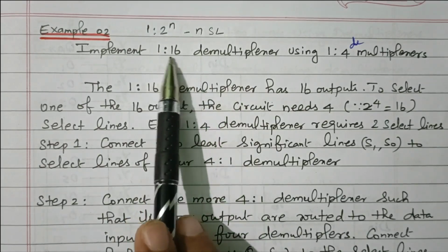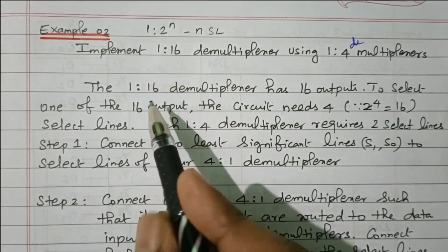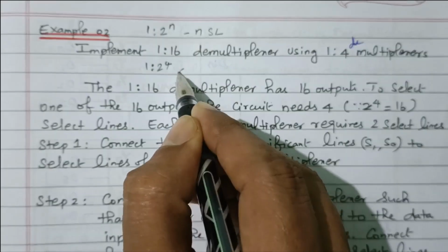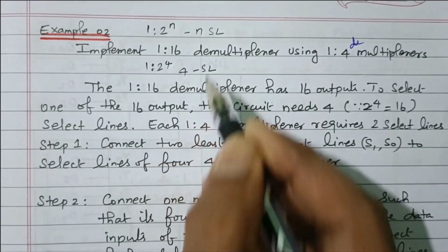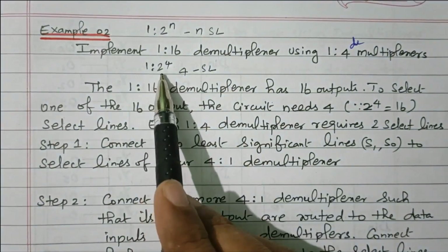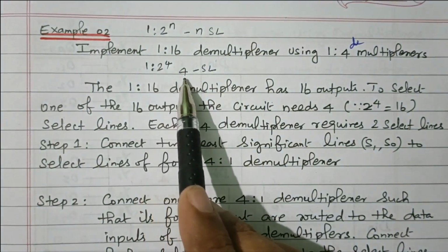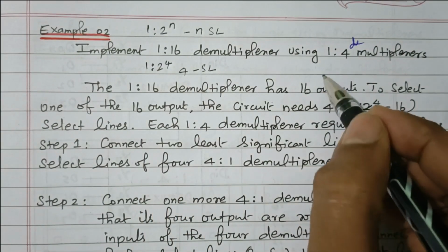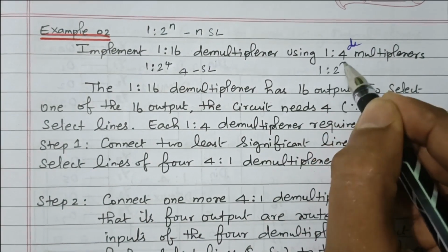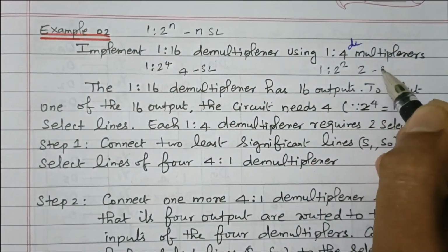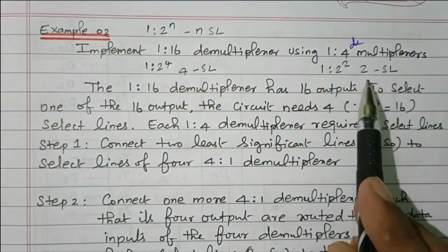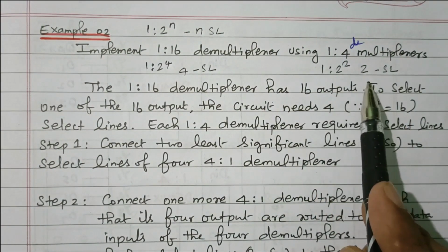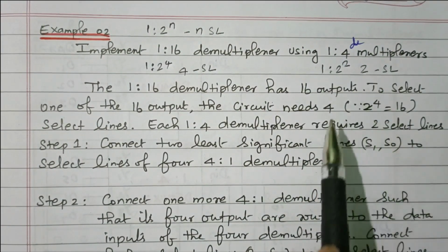So a 1:16 demultiplexer is nothing but 1:2 to the power 4 with 4 selection lines, right? One input, 16 outputs are available, controlled by 4 selection lines. 1:4 means 1:2 to the power 2 with 2 selection lines, right? So this has one input with 4 outputs, controlled by 2 selection lines, right?